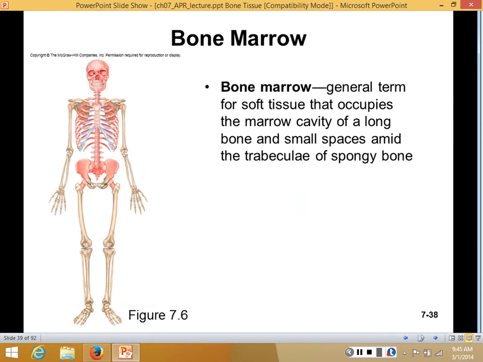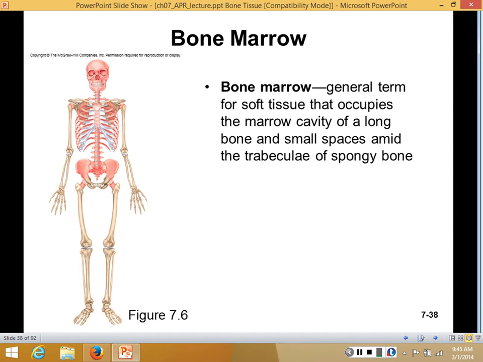Bone marrow. Okay. That skeleton that you see, wherever it's red, that's where your red bone marrow is. Okay? You've got your skull, the vertebrae, your ribs, your sternum, the hip bones or the pelvis. And look, you've got the head and the neck of what?